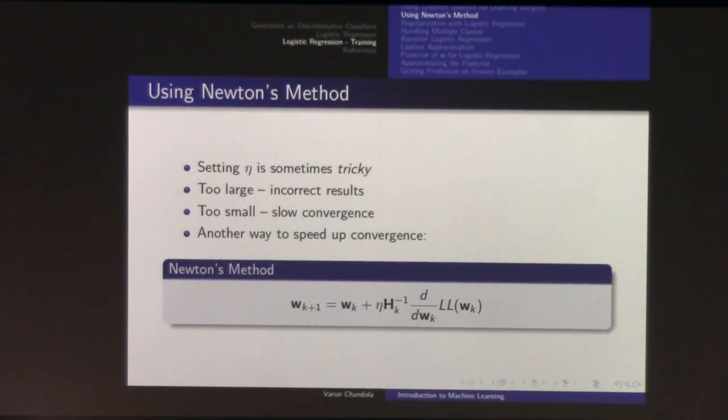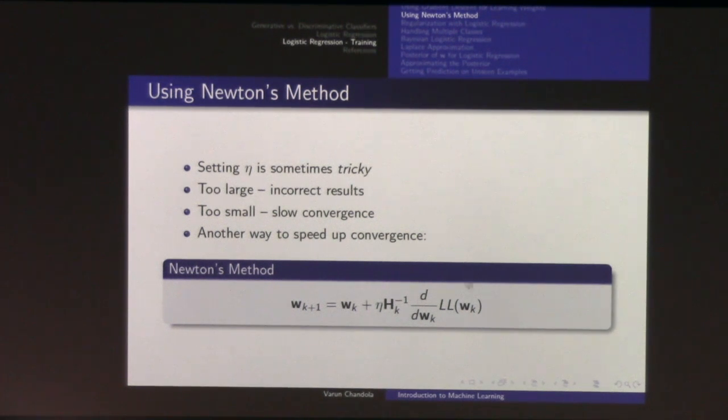However, there is another method in which you do not really have to use an eta, okay? So in that, what you do is, actually that's a mistake here. There's no eta here. In this, what you do is you update in a very similar fashion.